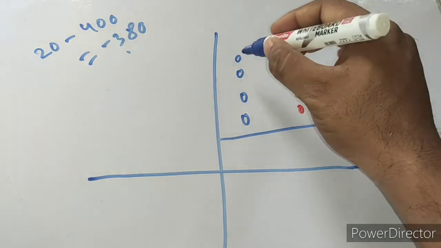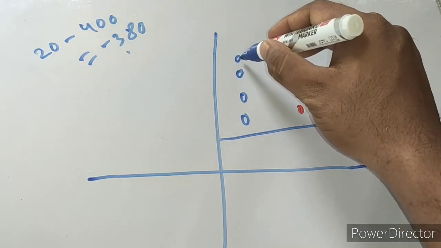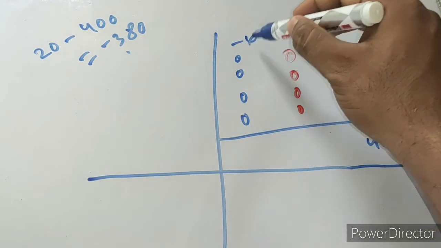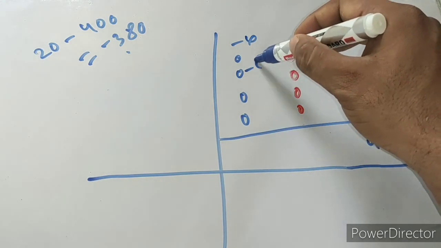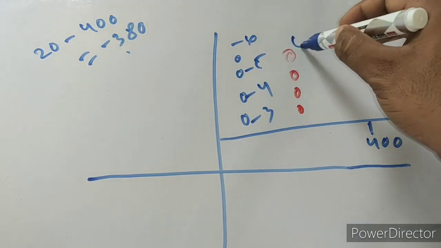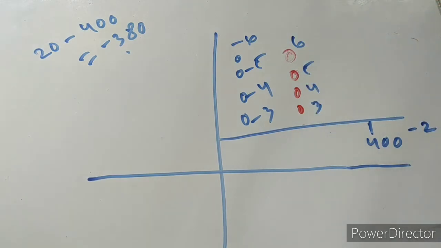Now the distance of this particular point is suppose minus 6, and this is minus 5, minus 4, minus 3, and this is plus 6, plus 5, plus 4, plus 3.